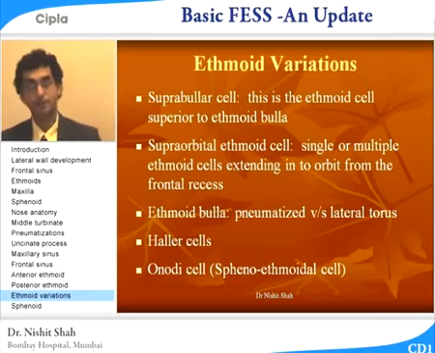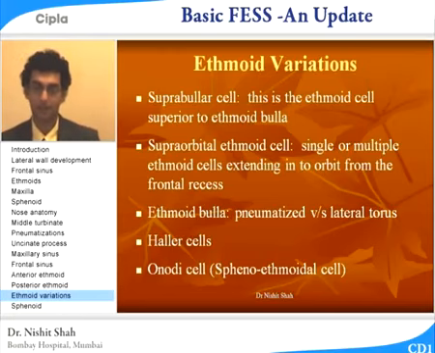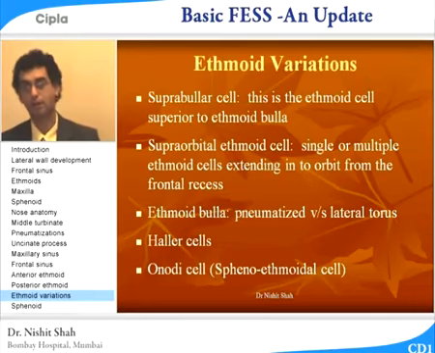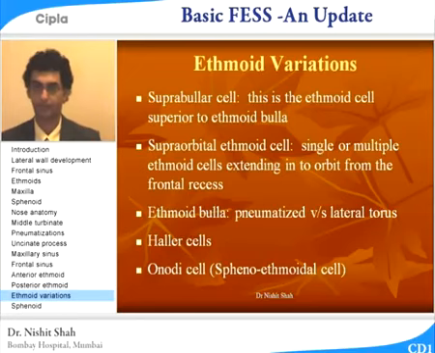The bulla itself may be well pneumatized, which is usually the case. Very occasionally it may be hypoplastic, in which case it is known as a lateral torus. Haller cells are infrabullar, infraorbital cells, which tend to come in towards the maxillary sinus. And posterolaterally you can have the sphenoethmoidal cell or the Onodi cell in relation to the sphenoid and the optic nerve.